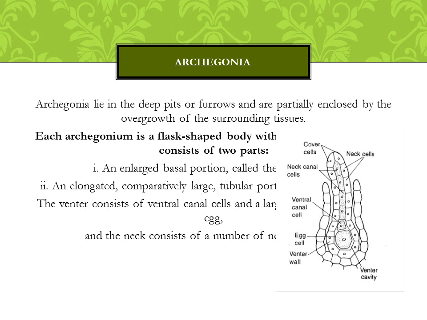The venter consists of a ventral canal cell and a larger oosphere, or ovum, or egg, and the neck consists of a number of neck canal cells. When the archegonium matures, there is a complete dissolution of the canal, so the passage is open.